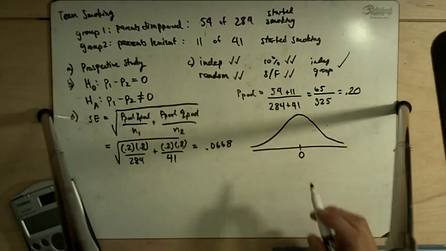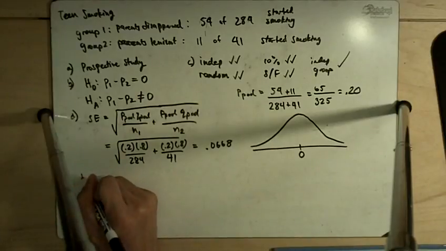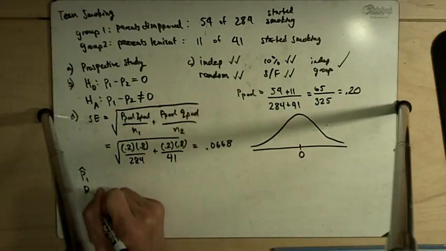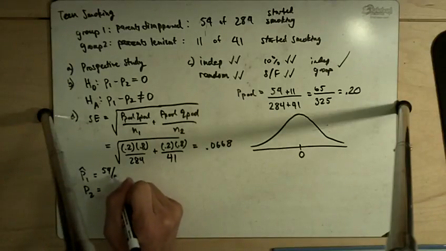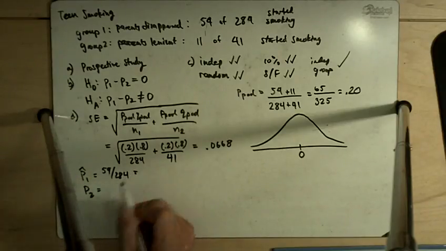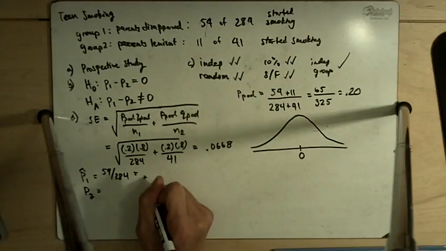The observed difference between these, we actually haven't calculated our p1 hat and our p2 hat. So p1 hat is 54 divided by 284, about 0.1901, or 19%.